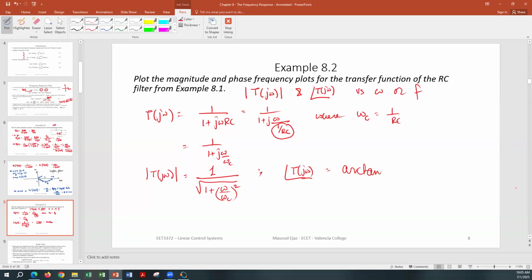So again, this is like, I don't know, the 100th time I'm asking the same question. Phase of the numerator is 0. Of course, it's just a real number. It lies on the real axis, which has the phase of 0. All right, so phase of the numerator is 0 minus phase of the denominator. So 0 minus arctan of what?